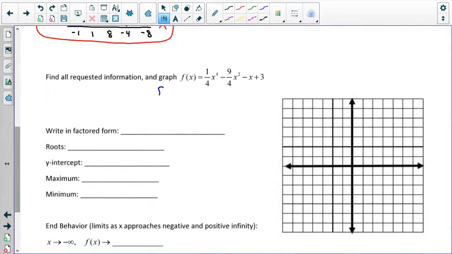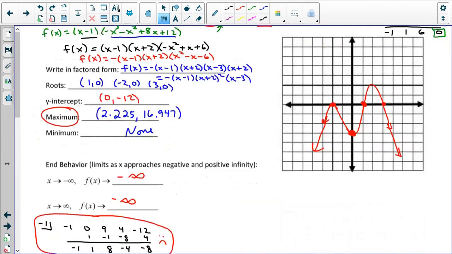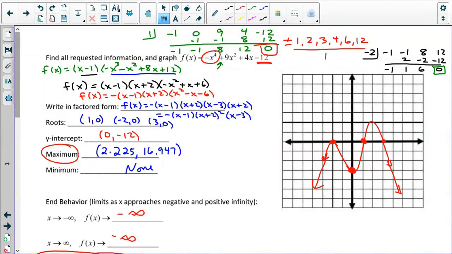Okay, last problem. Well, the first thing I'm going to do is I don't like this 1/4, so I'm going to factor out a 1/4. I get x to the 4th minus 9x squared minus 4x plus 12. If I take a close look at that and I look at the previous problem, if I factored out a negative at the beginning, it would be x to the 4th minus 9x squared minus 4x plus 12.